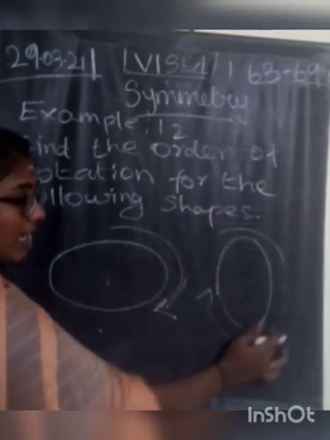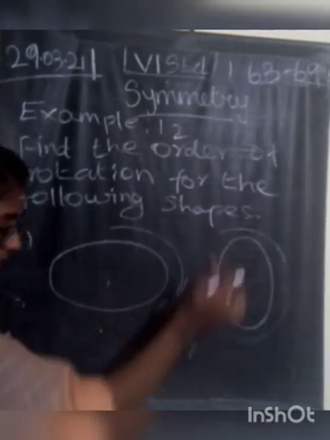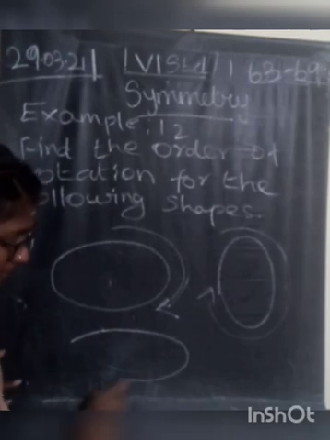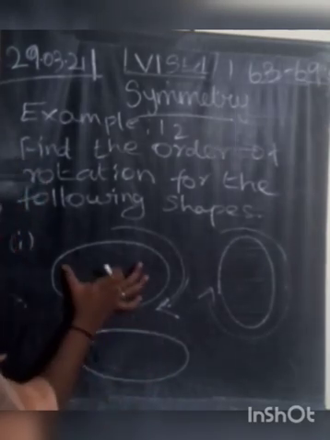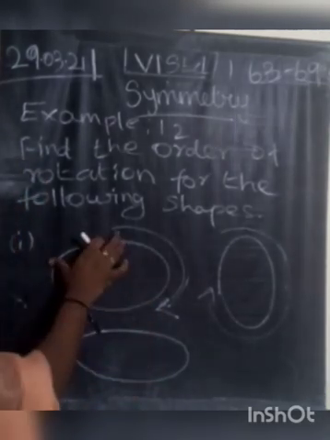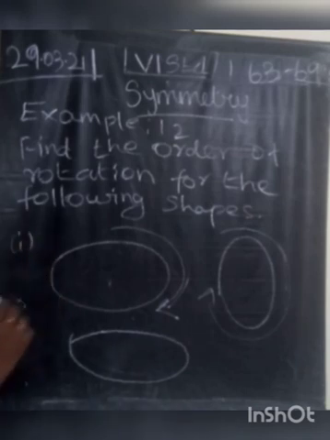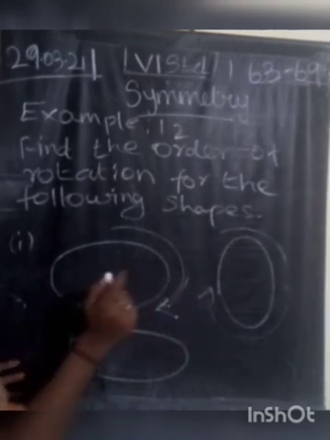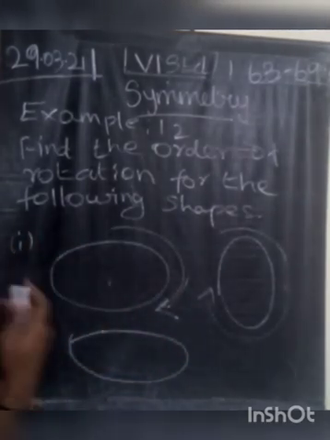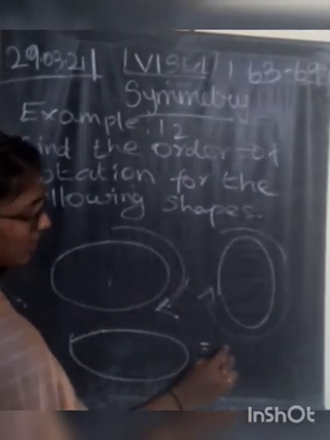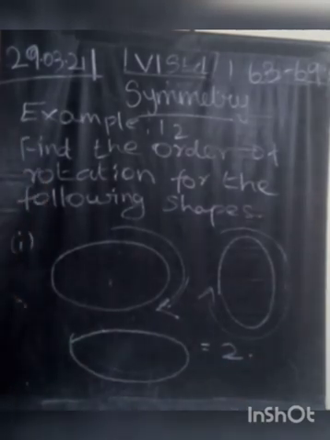Next we rotate this again, and the new position is the same as the initial position. So here this is the rotational symmetry. The order of rotation is how many times we have to rotate this object to reach the initial position: 1 time, 2 times. So the order of rotation is equal to 2.